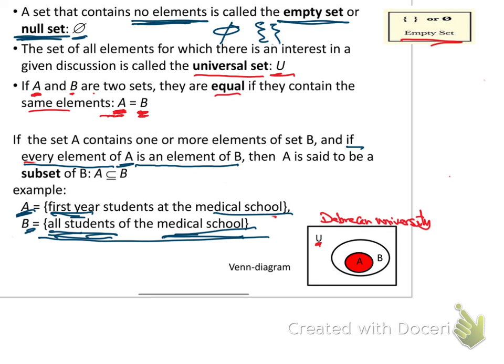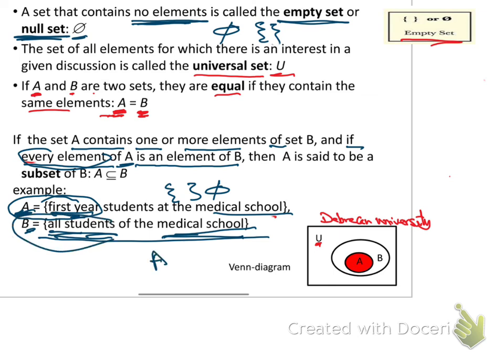No. If this set is empty, phi, or the empty set, I cannot say it is a subset. So subset means that it is not empty, it contains at least one or more, one or two or 100 or 1,000 or whatever elements, and every element here exists here. In this case, I can say that A is a subset of B. I hope this one is clear also.